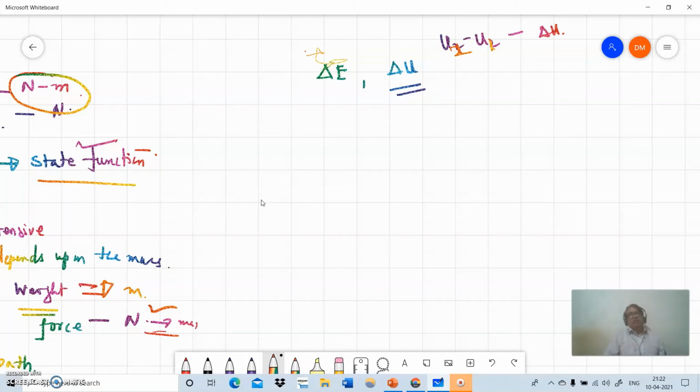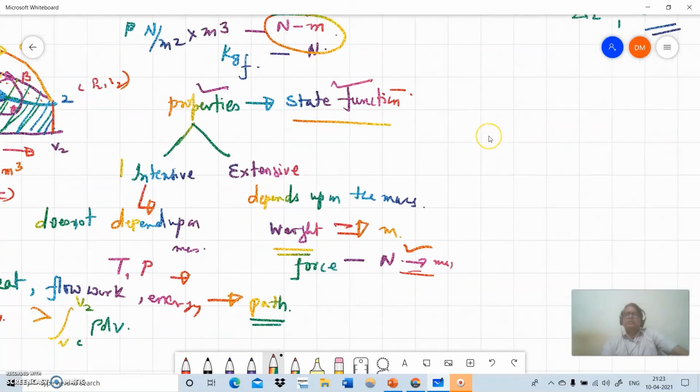If work is done on the system, there will be an increase in the internal energy. If work is done by the system, the internal energy will be reduced. You can learn that in the first law, second law of thermodynamics. That's just to remember at this point.